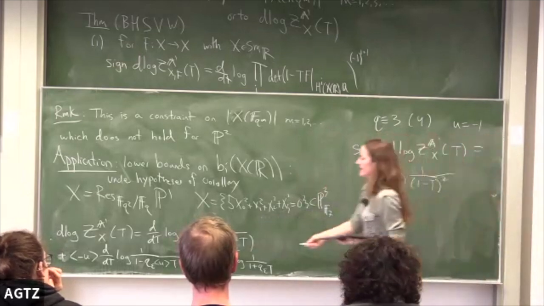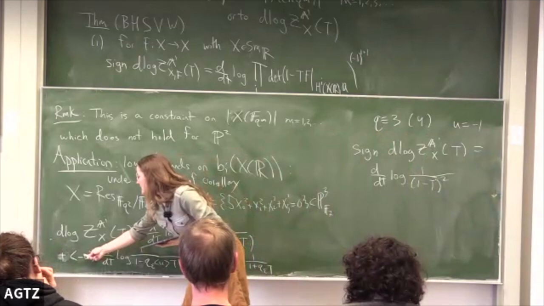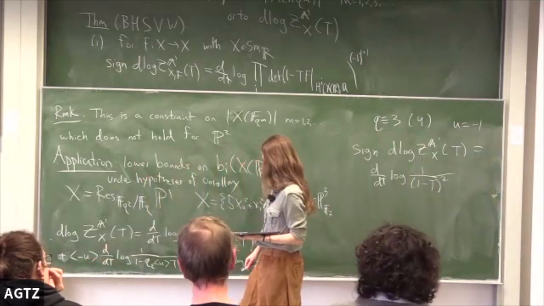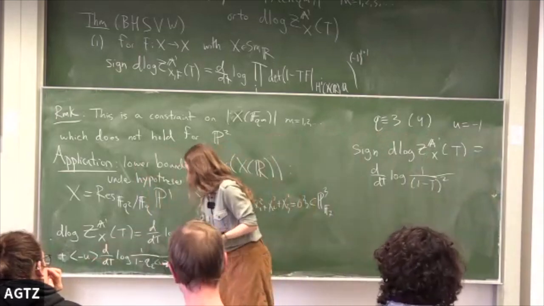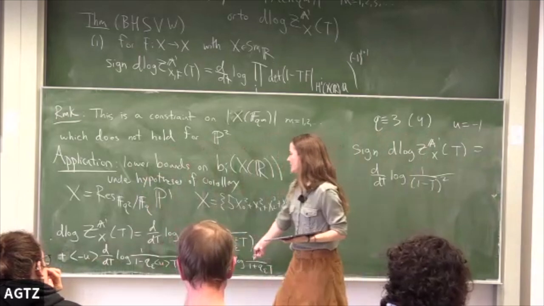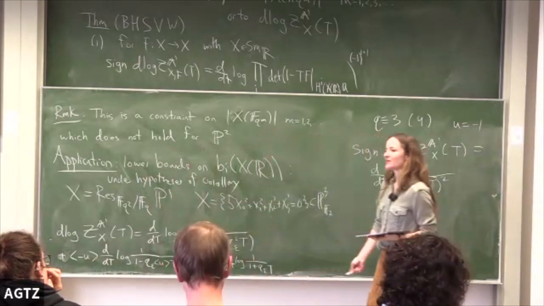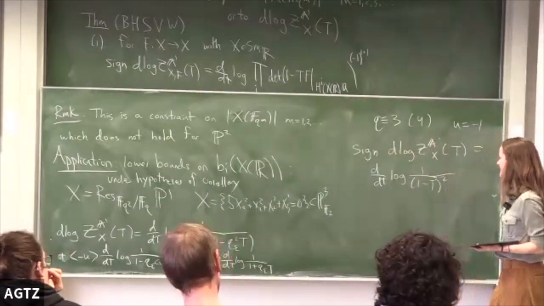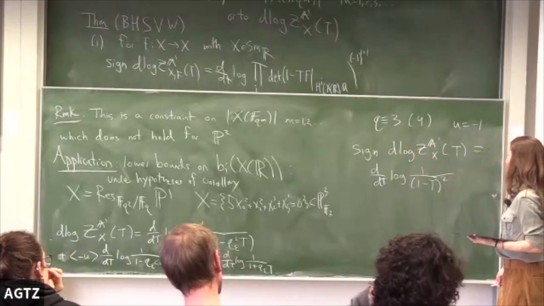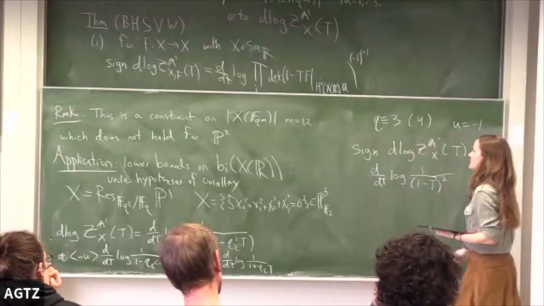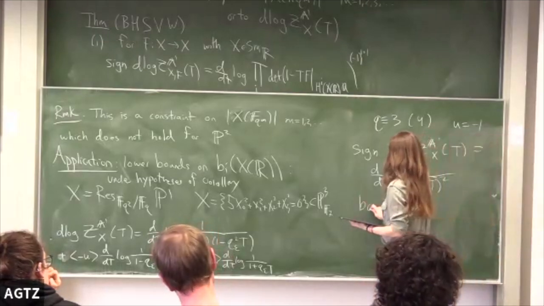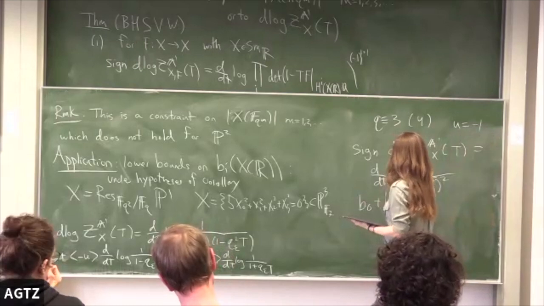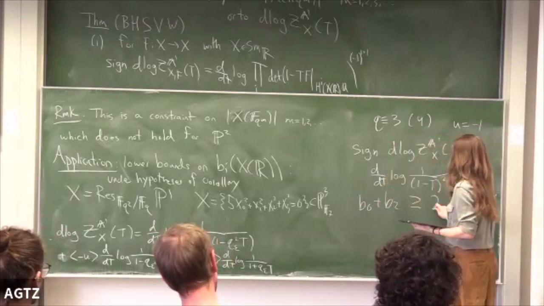But then this term, the minus u, that's now a plus 1, and that's a minus 1, and this minus and minus make these two the same. So these two terms cancel out entirely. So that's what you get as your sign. So that means that your Betti numbers, b0 plus b2, have to be at least 2.